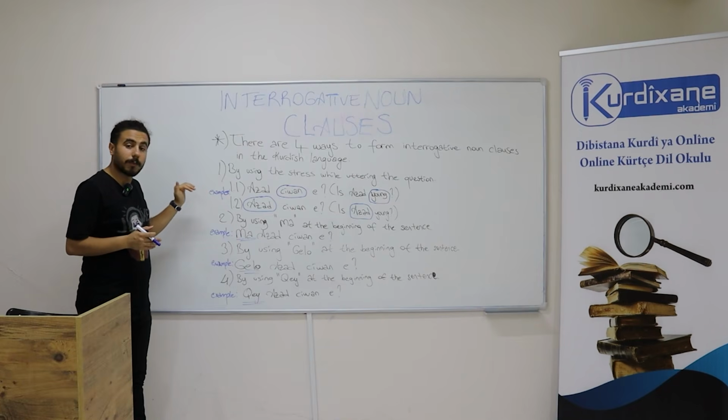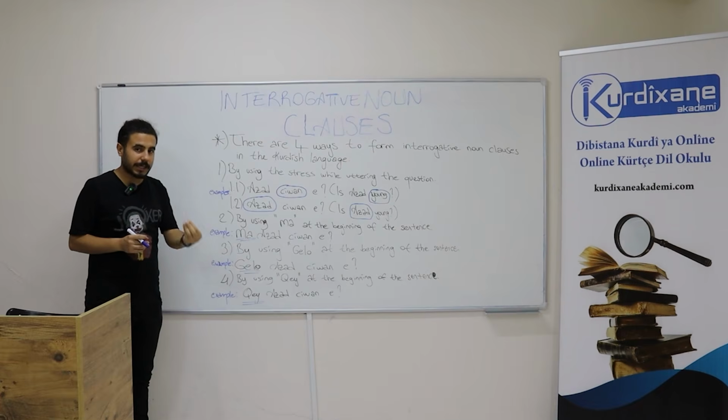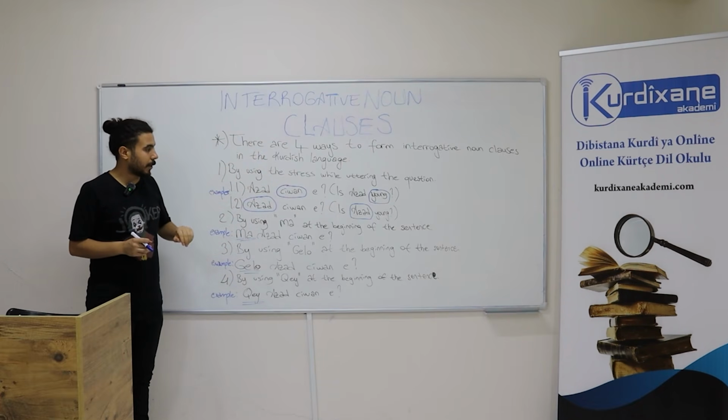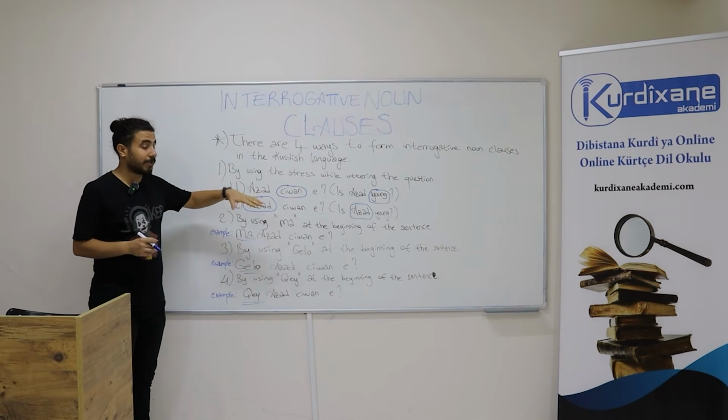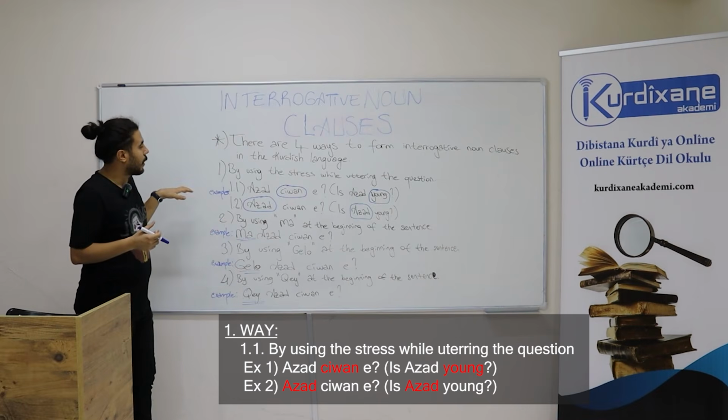So let's learn them one by one and try to pay attention to my pronunciation, to everything that I pay attention to, because you'll need to practice them to be able to correctly form these forms.